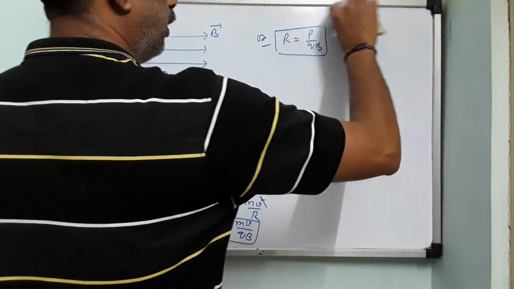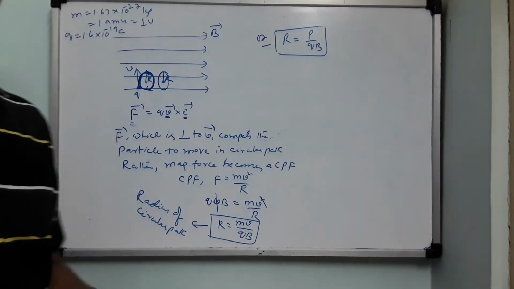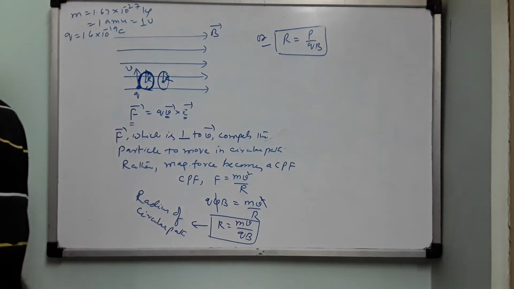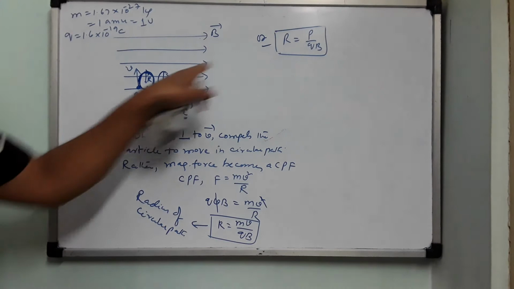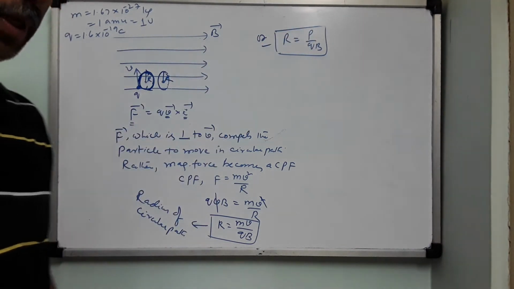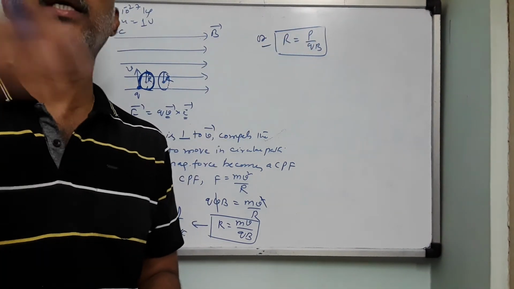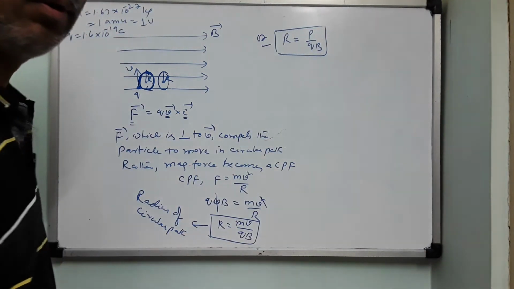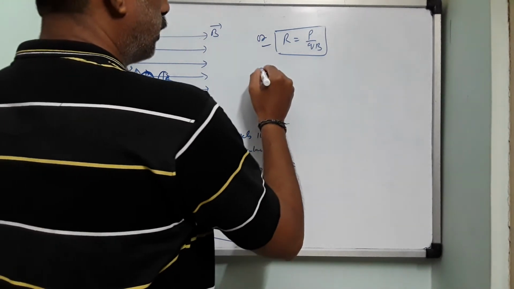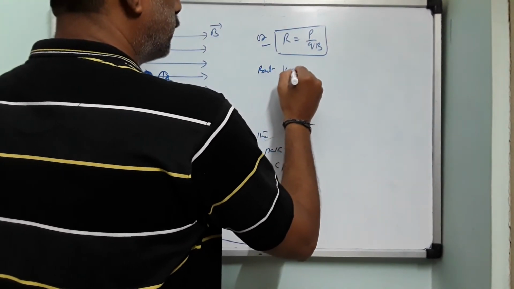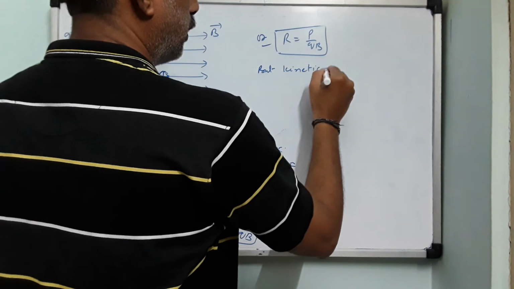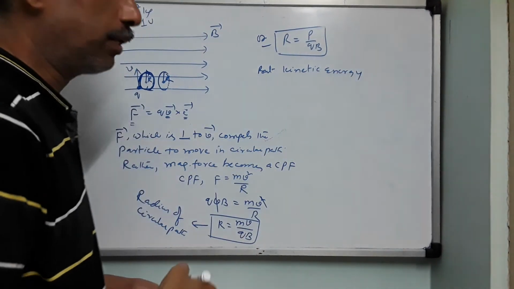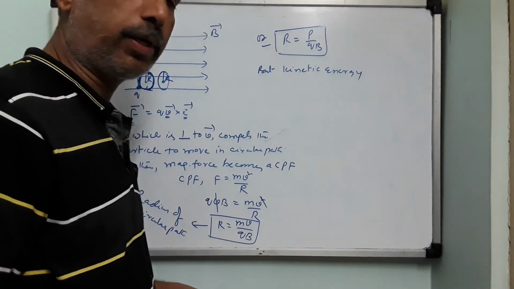Okay, right. Now sometimes the questions will be based on the kinetic energy. A charged particle is fired with a velocity V, no problem, you can use that. A charged particle is fired with a momentum P, you can use this. Sometimes a charged particle is fired with some kinetic energy K. So we have to convert the momentum into kinetic energy. I am discussing all these things in view of the numericals which will appear in the board examination, also in the competitive examinations.